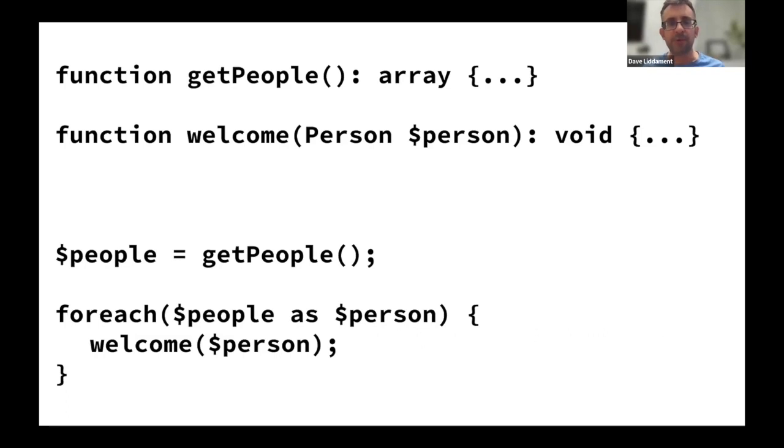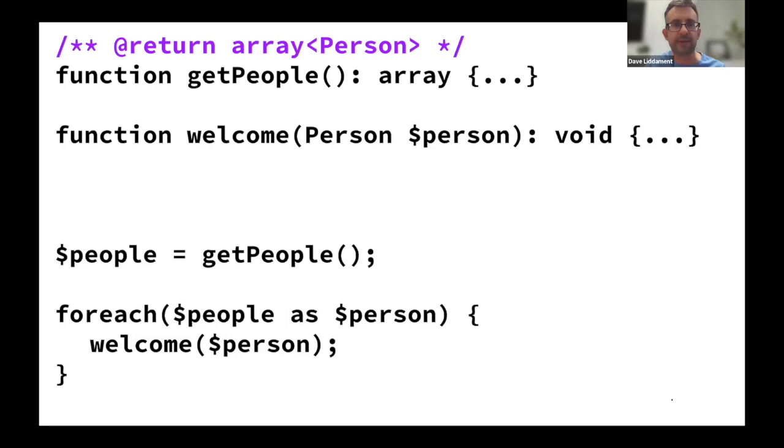Now, this may work, this may not, but what we can do is give our static analysis tool extra information, again via a dot block, so we can do at return array and then, in angle brackets, person. What this allows us to do is our static analysis tools know that whatever you get from getPeople, each item in the array is of type person.